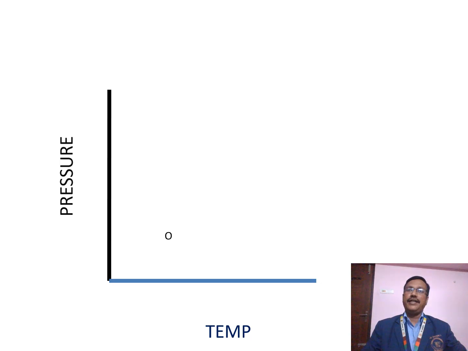What is triple point? The name itself indicates triple point means that the point will contain all the three states of water. What are the three different states of water? Ice, water, vapor. All the three phases will be available in this point O. So the point O is known as triple point.